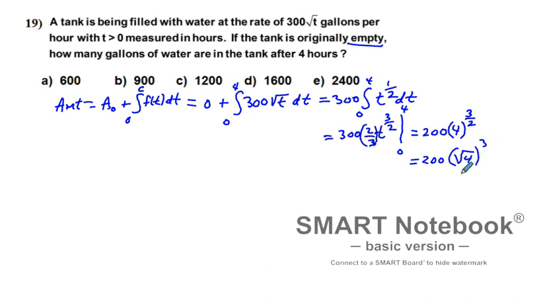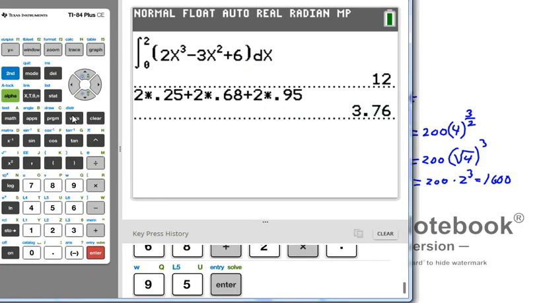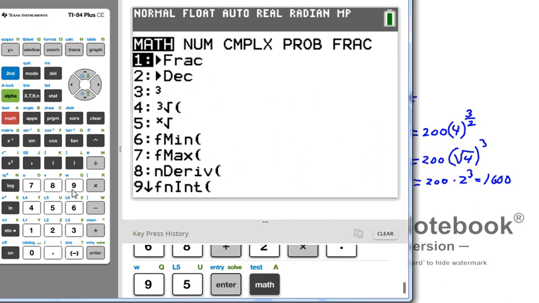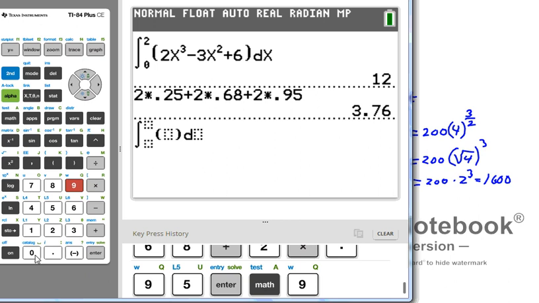The square root of 4 is 2, so we're going to have 200 times 2 to the 3rd power, which is 200 times 8, or 1600. So that'll be answer choice D. And of course, we can do this in a calculator. I'm allowed to use a calculator on this. Again, math 9. We're going to go 0 to 4.